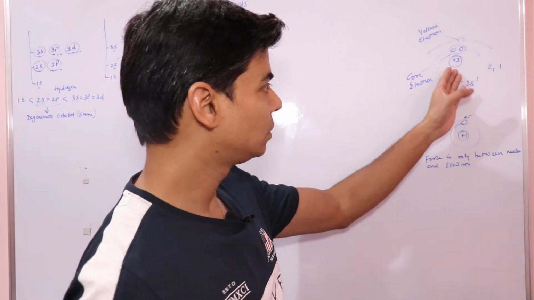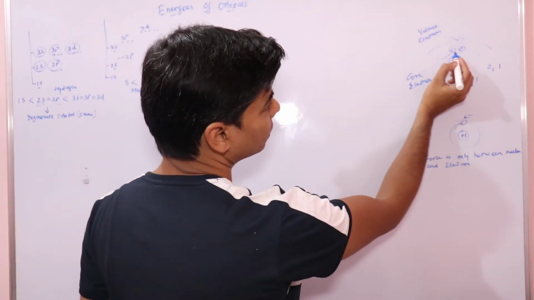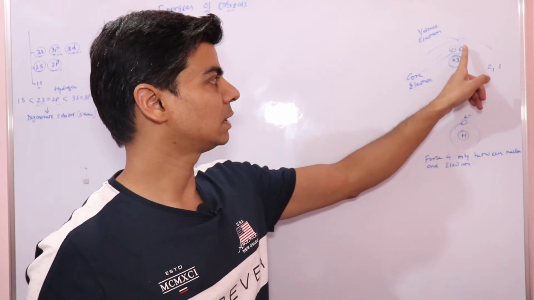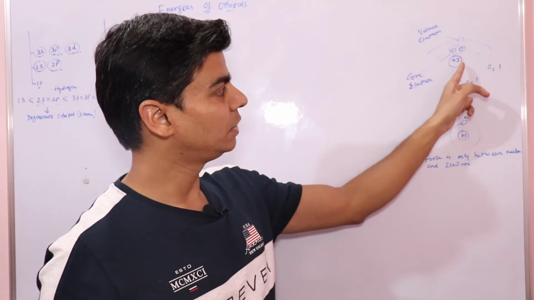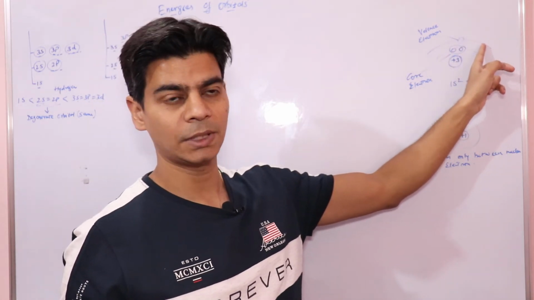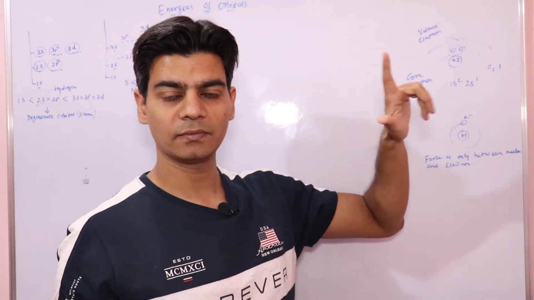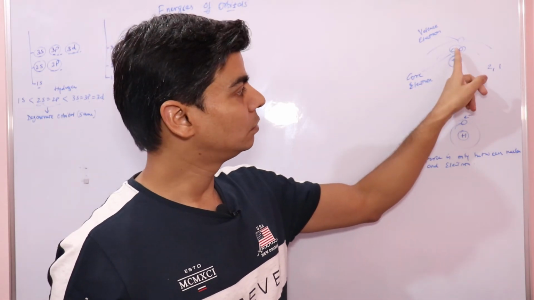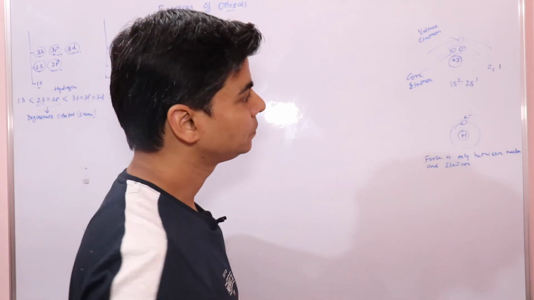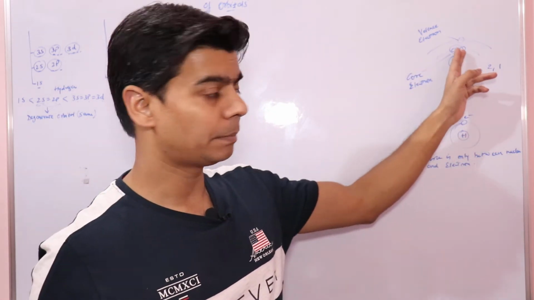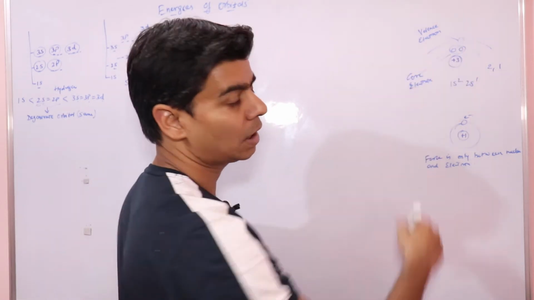Now let's look at the forces working in the case of lithium. We have the attractive force between the nucleus and the core electrons, and the attractive force between the nucleus and the valence electron, since nucleus and electrons are oppositely charged. Now what is the interaction of the core electrons with the valence electron? We have repulsive interactions between the electrons of the first shell and the outermost shell.